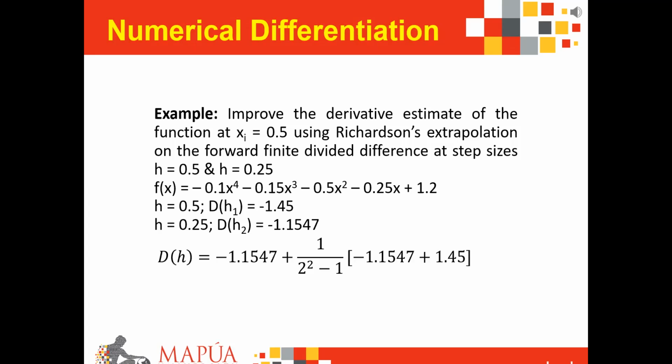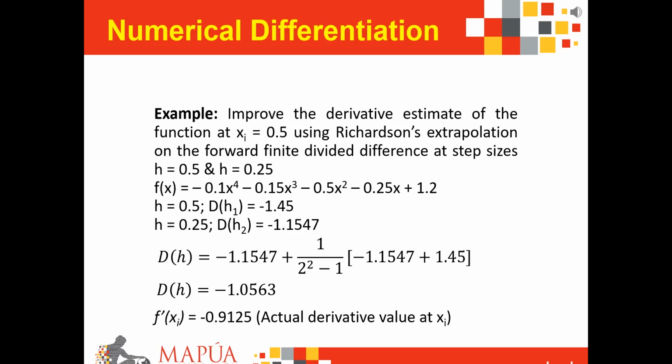Thus, when we apply the Richardson's extrapolation formula, we would end up with this solution and a derivative estimate now equal to negative 1.0563. Note that this particular derivative estimate turns out to be better or more accurate than the two previous derivative estimates at 0.5 and at 0.25, as seen from our actual first derivative value. This ends Module 3, Lesson 6.